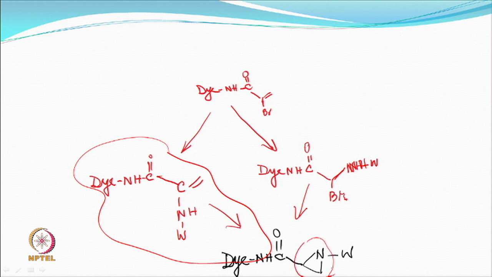Whether you come from there or you come from the other side, you will still be able to form this type of a group, which itself is a reactive group. This is a reactive group, 3 membered rings.